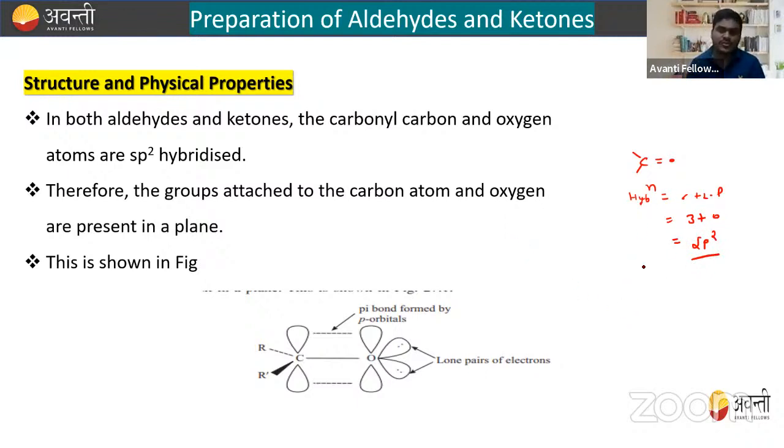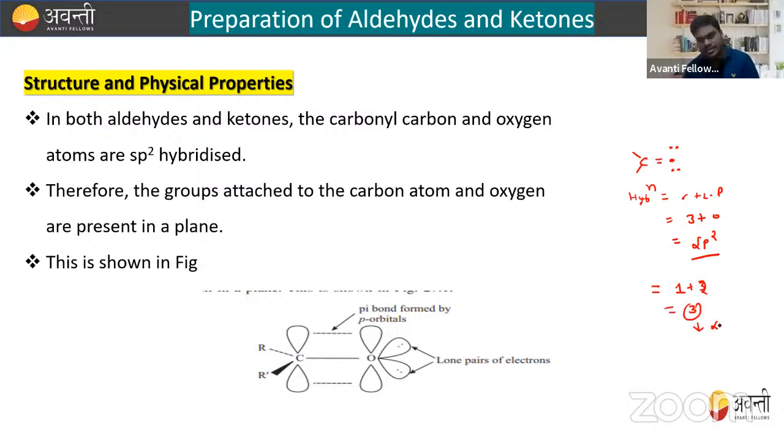Similarly, if I want to calculate the hybridization of O, how will you find out? Oxygen makes only one sigma bond, and it has two lone pairs. So this is three, sorry, two plus one, so this comes out to be three.